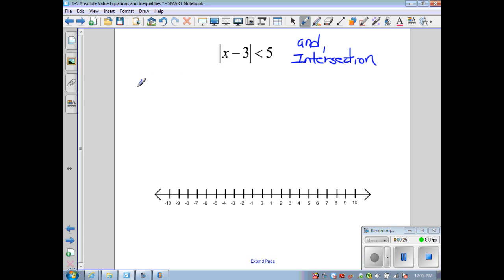Set the expression x minus 3 less than 5 and x minus 3, flip the inequality, makes it greater than negative 5. Solve each one, add 3 to both sides. X is less than 8. Add 3 to both sides. X is greater than negative 2.